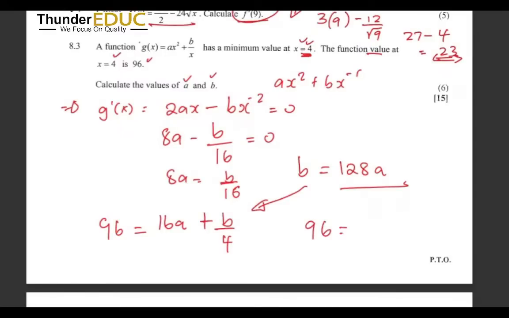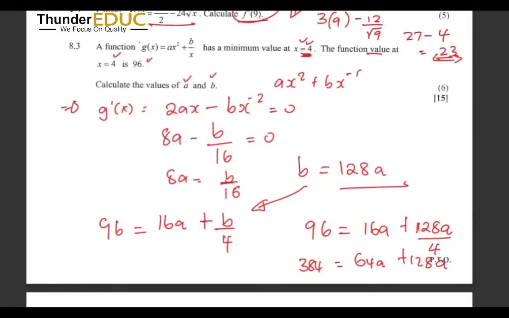So 96 is equal to 16a plus 128a over 4. So we can multiply through by 4 to get rid of the denominator. We know that 96 times 4 gives us 384, is equal to 64a plus 128a.